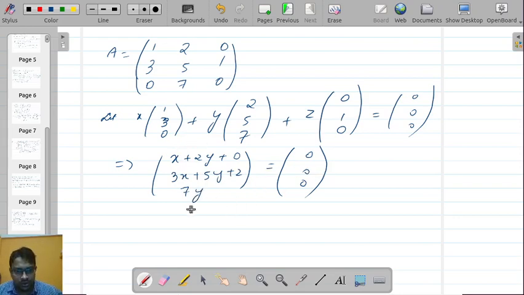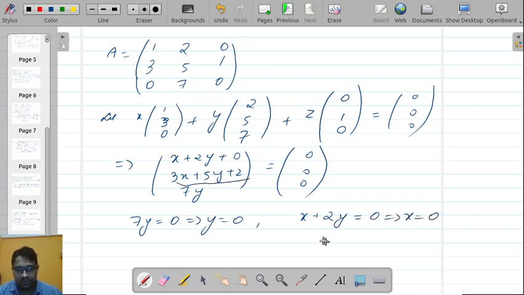We can just compare the corresponding coordinates now. We get 7y equal to 0, which gives us y equal to 0. Once we get y equal to 0, from the first equation x plus twice y is 0, so x is also 0. From the second, 3x plus 5y plus z equal to 0, and since x and y are both 0, z is also 0.